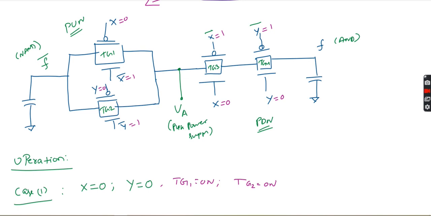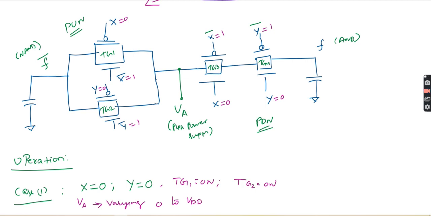You have to assume that initially all these capacitances are not charged, that is, initially it is 0. TG also is on. At the same time we have applied X equal to 0. Then the supply, you see that supply, we are varying the VA from 0 to VDD.